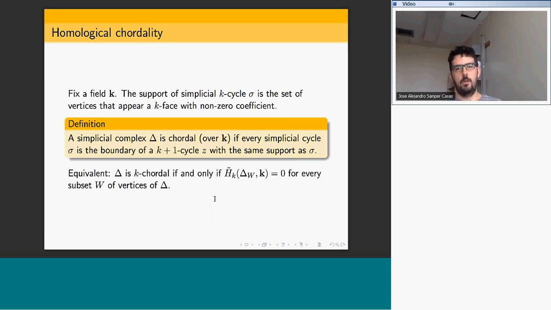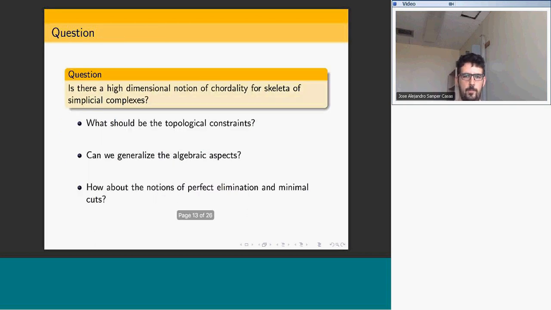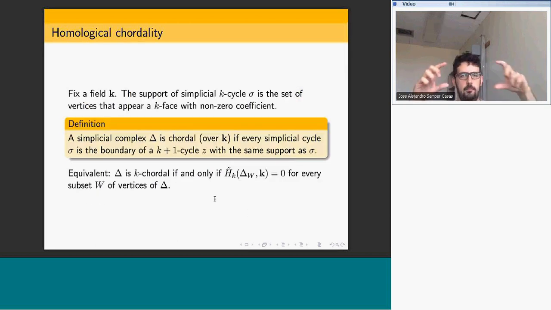So let's look at K. I'm going to talk about simplicial homology, so let's fix an integer K. Let's fix a K cycle sigma, and look at the set of vertices in the faces of sigma that have non-zero coefficient. If you look at just the simplex alternating sum, these would be the vertices of such a simplex.